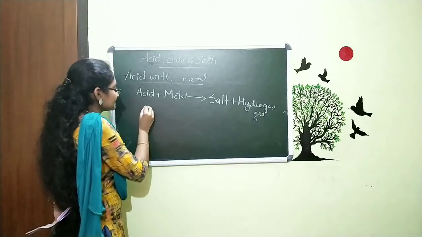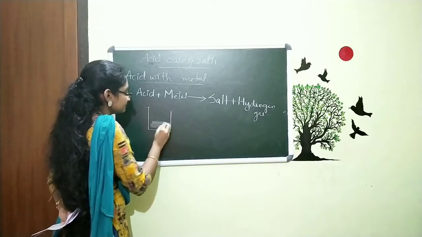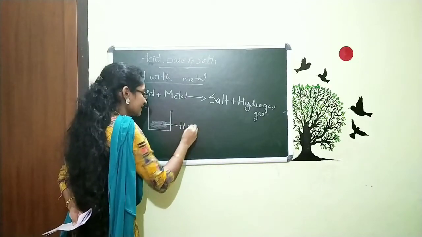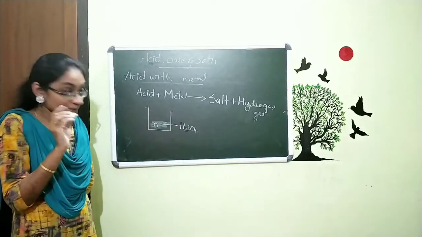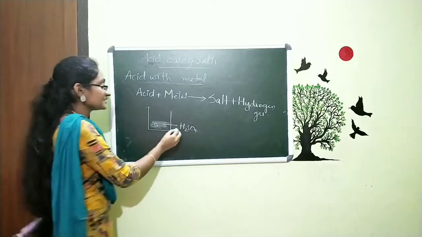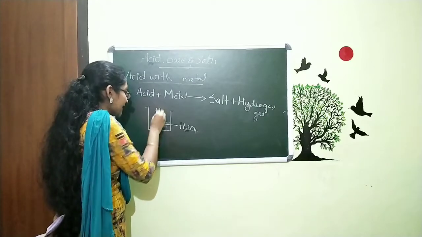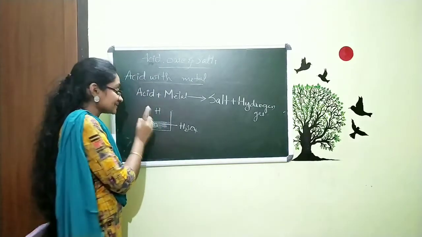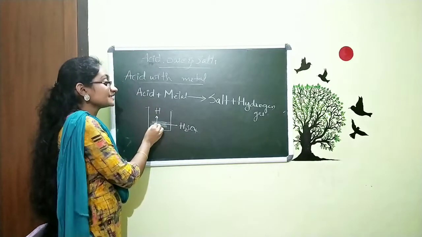Actually, what happens here is this: when we take an acid here, H2SO4, any type of acid, and put zinc granules, that means a metal, inside this acid, then the hydrogen inside this acid is displaced by this metal.